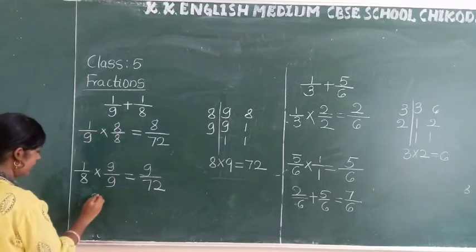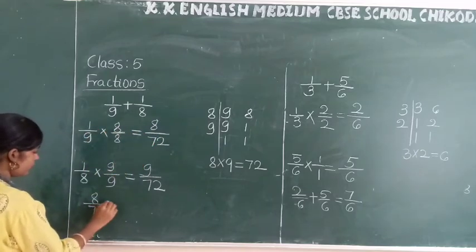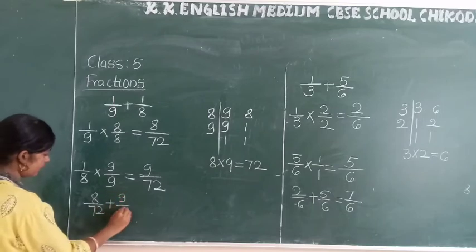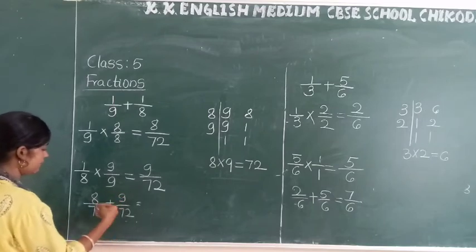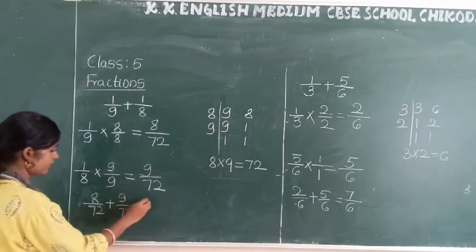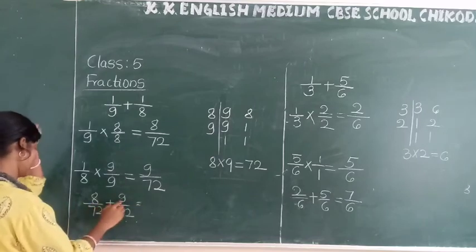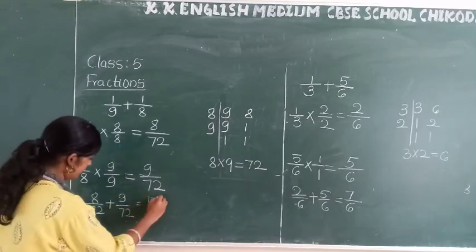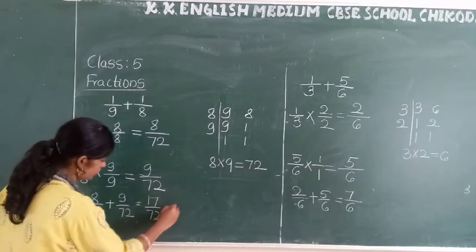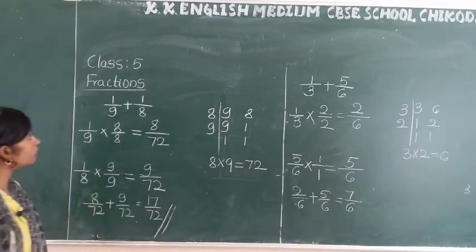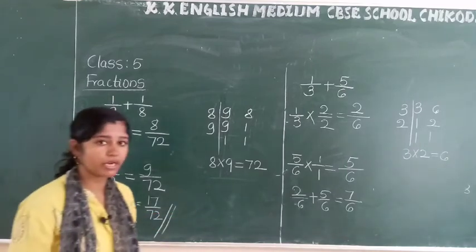Here you have to take 8 by 72 plus 9 by 72. 8 plus 9 is 17. 17 by 72. This type you have to solve for the addition of unlike fractions.